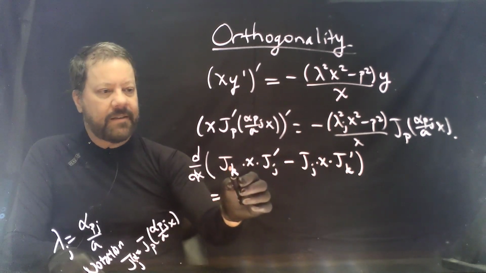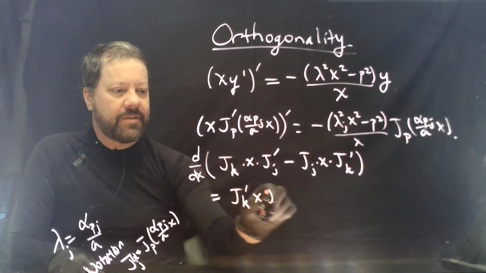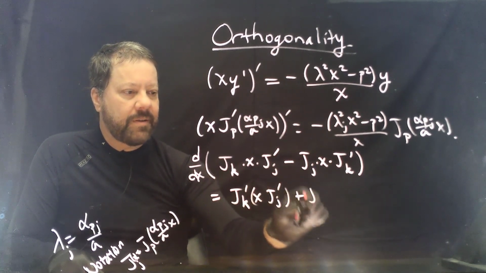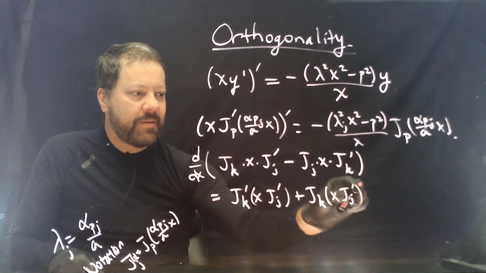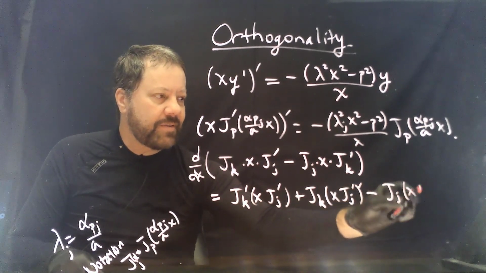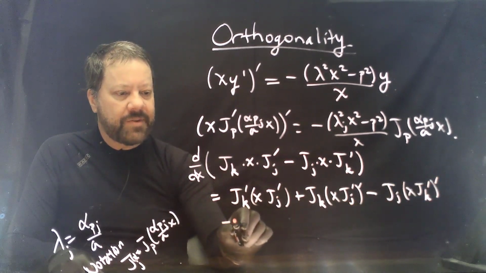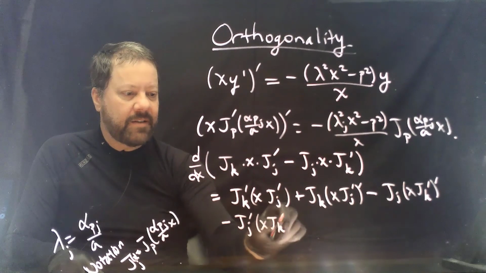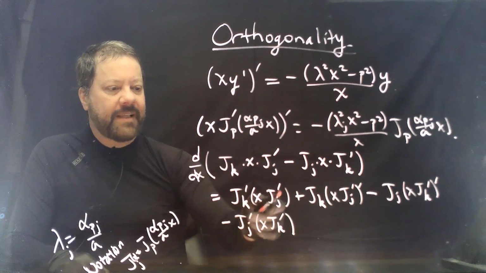You can see that we'll get J_k prime x J_j prime plus J_k times (x J_j')' minus J_j times (x J_k')' minus J_j prime times x J_k prime. And here we get some cancellation going on.